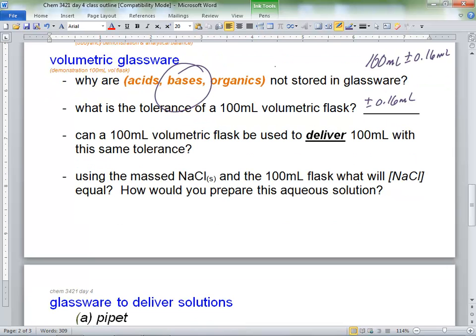Can a 100 mil volumetric flask be used to deliver 100 mils with this same tolerance? Jose, go get me 100 mils. So he runs and grabs this thing, fills it up, says, okay, here you go, and dumps it into the beaker. Is what he dumped into the beaker 100 mils plus or minus 0.16 mils?